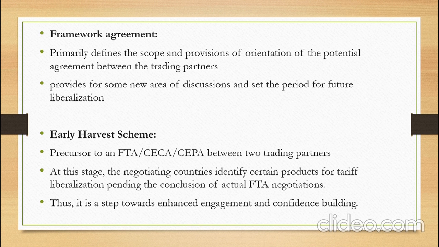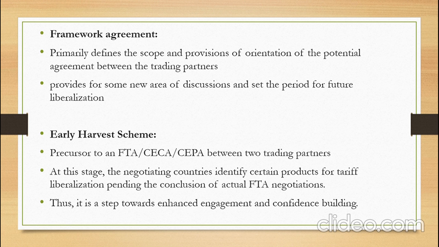So this is what is done in the early harvest scheme, and it is also a step towards enhanced engagement and confidence building, because once you know that the other country is interested in having an agreement with your country, and it wants a trade agreement which will give market access to your products as well, that's where the confidence starts building in the other country. So it's also a crucial step towards confidence building.